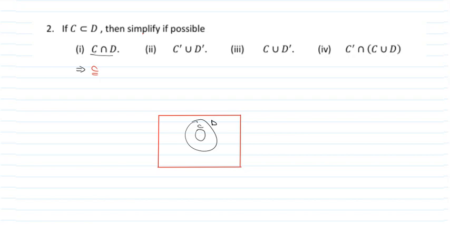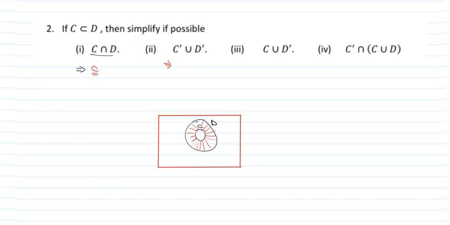Then at this point, how can you simplify this? We have C complement, which is outside the set, we'll report outside. Okay, so you shade like that. That's the C complement, right? Then you have also D complement.